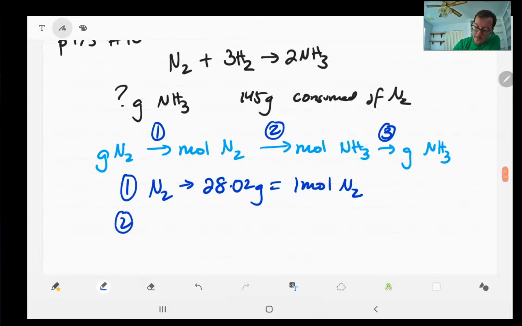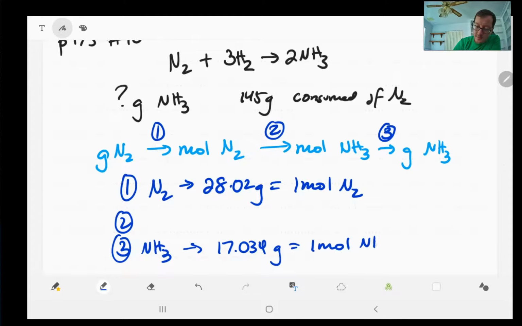For ammonia, number 3, which is another molar mass, that one is 17.034 grams is 1 mole ammonia. I have that memorized because they use ammonia so much as an example, but again, you may need to calculate it.